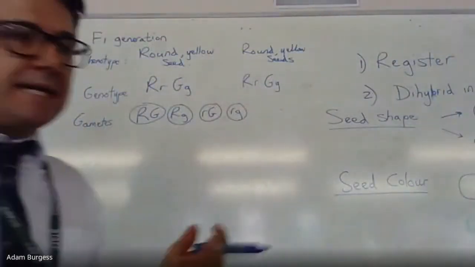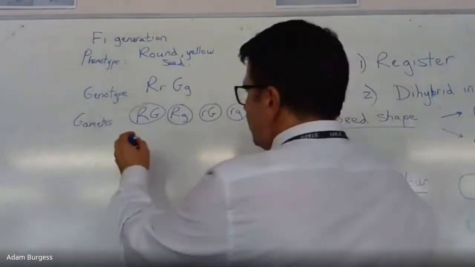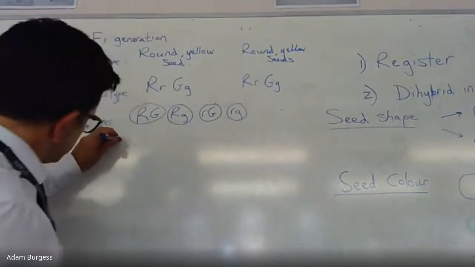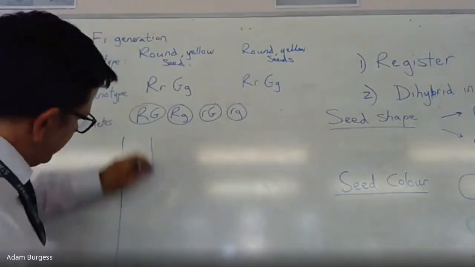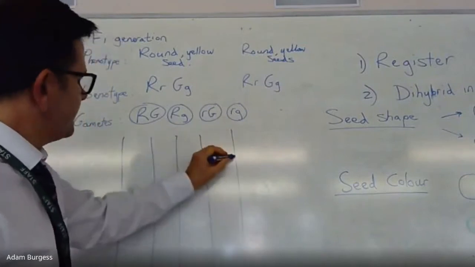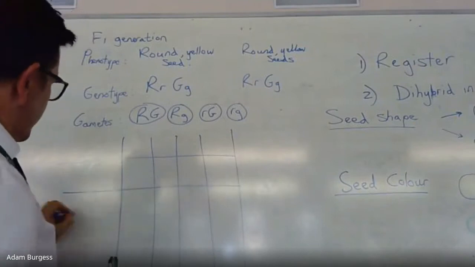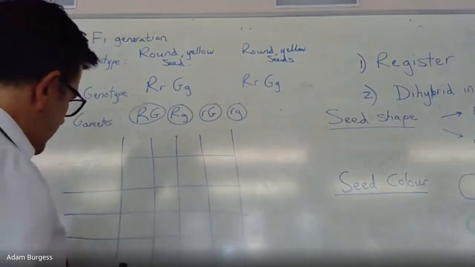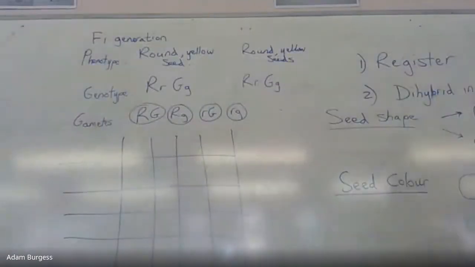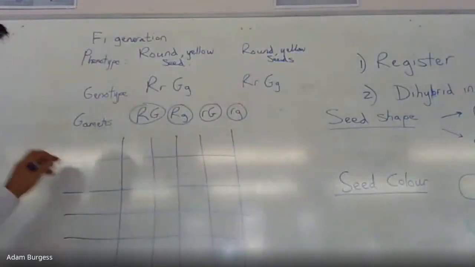So we've got to do a super humongous Punnett square. Literally, I've got 4 like that. Can you see the bottom of that? Right.